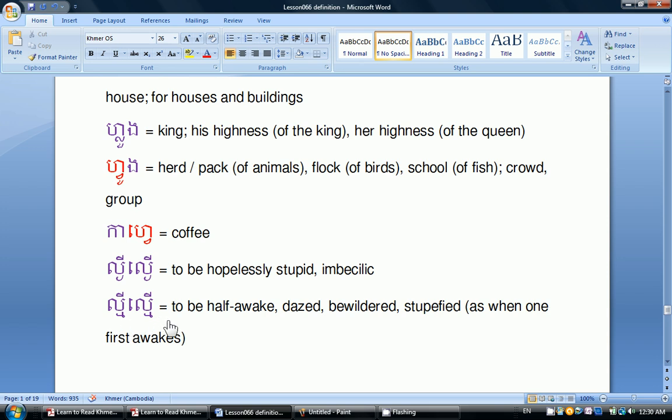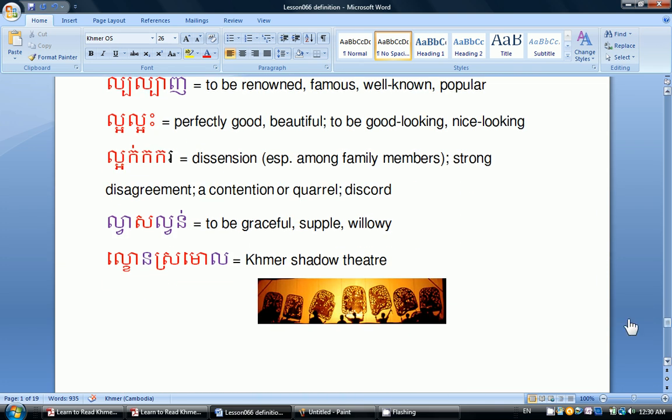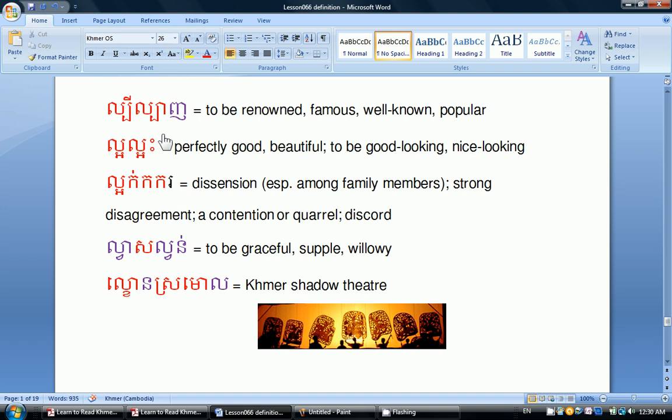Lami lamo means to be half awake, to be dazed, bewildered, to be stupefied, as when one first awakes. Labay labang means to be renowned, to be famous, to be well known, or to be popular. La'ah means perfectly good, beautiful, to be good looking, or nice looking.